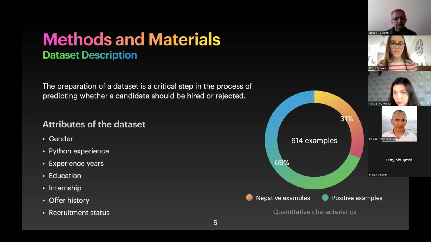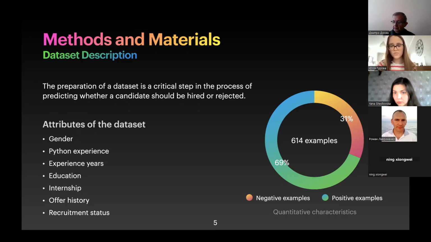The preparation of the data set is a critical step in the process of predicting the suitability of candidates for a job. To solve the problem of hiring classification, it's necessary to collect relevant data on job candidates. This can be personal information about job candidates, such as their name, age, gender, education, work experience, skills data, feedback, or recommendations from previous employers.